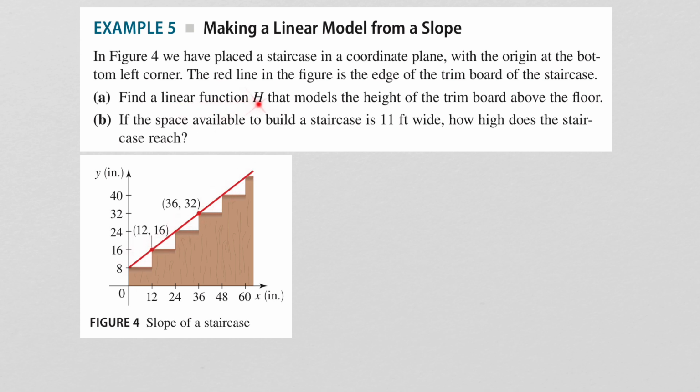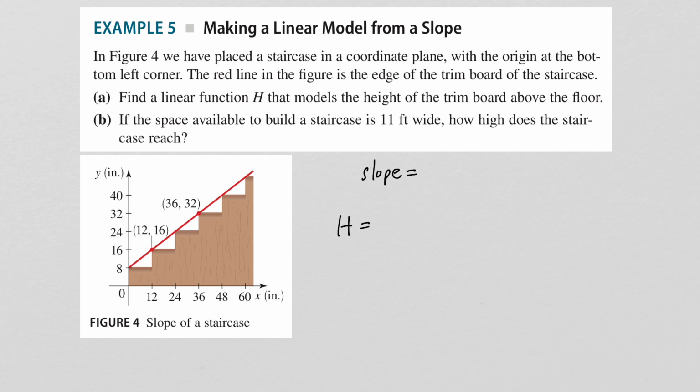Find a linear function h that models the height of the trim board above the floor. So again, h is going to be equal to the slope multiplied by x, because the independent variable here is x, and then plus the y-intercept. Well, you can see that the y-intercept is 8, so we just need to figure out what the slope is.